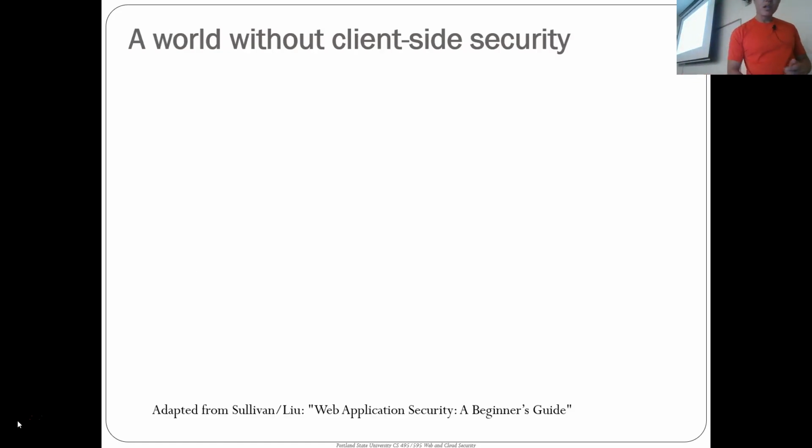So here's a scenario that's in this book, Web Application Security: A Beginner's Guide, where they imagine a world without client-side security. And this is something that could happen if we hadn't thought about security and JavaScript execution.